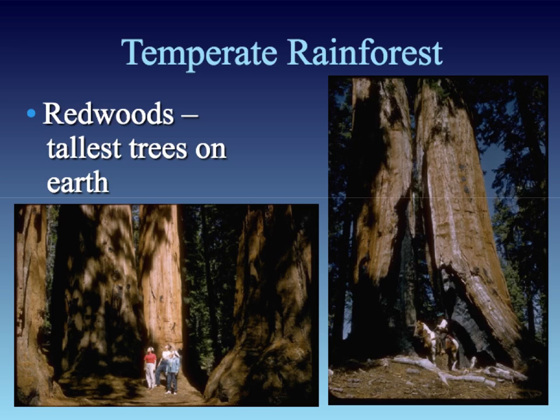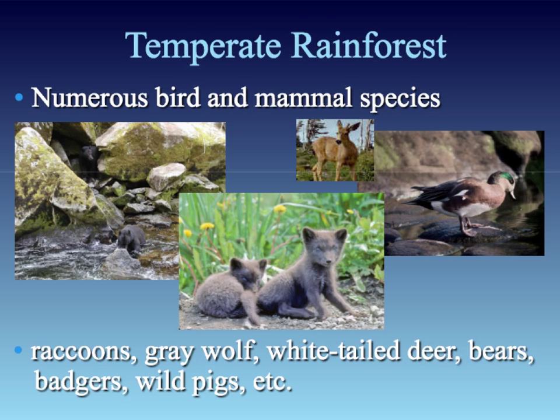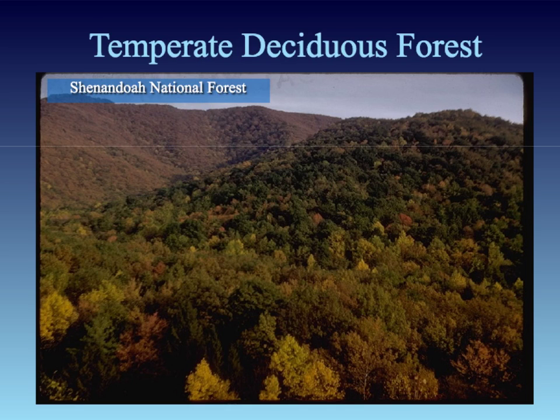The part of the rainforest that I was in, there weren't a lot of redwoods, but you can find redwoods in these temperate rainforests, and the redwoods happen to be the tallest trees on Earth. They have many birds and mammal species, ranging from raccoons to wild pigs. There's some wolves there, deer, lots and lots of different bird and mammal species can be found in temperate rainforests.